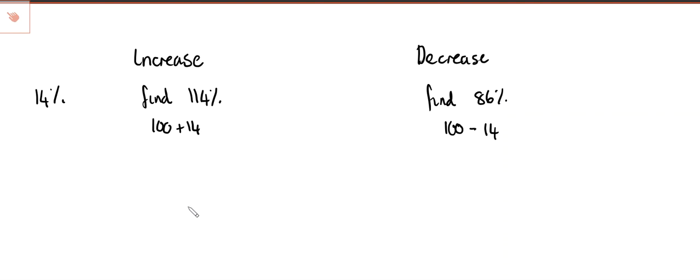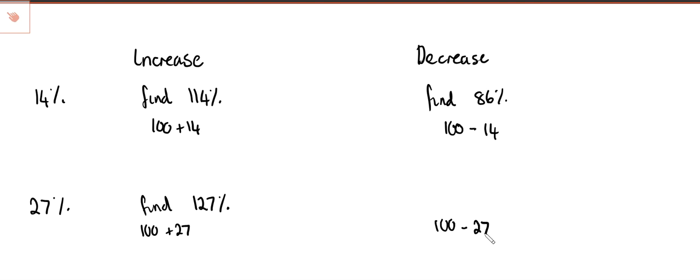86%. If I do 27%, an increase is nice and easy, yeah? It would just be 127%. But a decrease will be 100 minus 27, which will be 73%. Yeah?